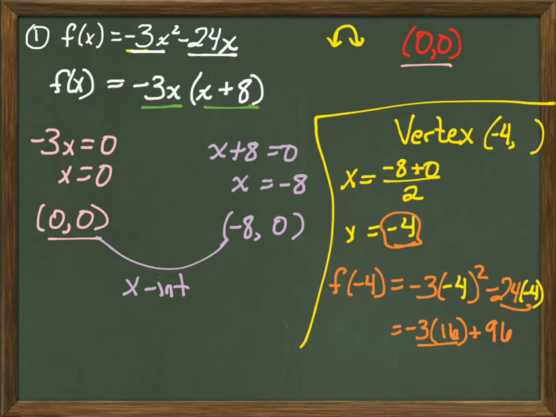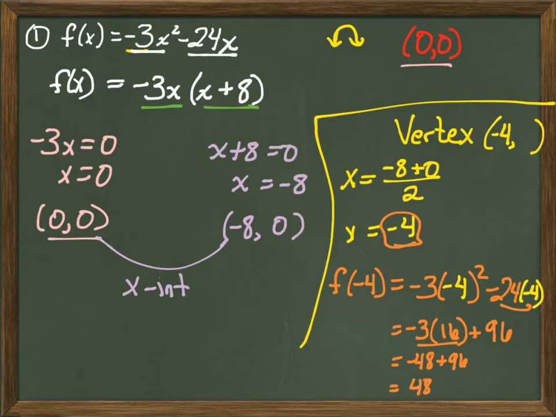Now we're going to multiply the 3 times the 16, which gives us a negative 48 plus 96, which equals a positive 48.